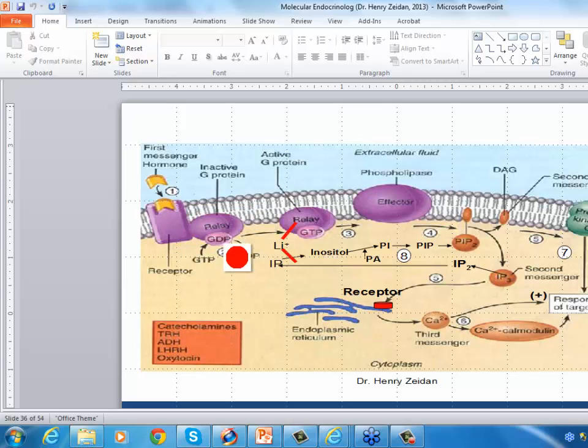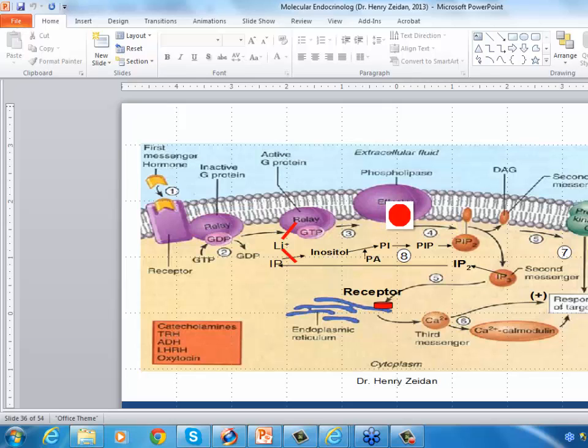It tends to modulate G protein, as we already mentioned. You have a modified G protein here activated by GTP that tends to activate the phospholipase enzyme. So this is not cyclic AMP here, it's a phospholipase.